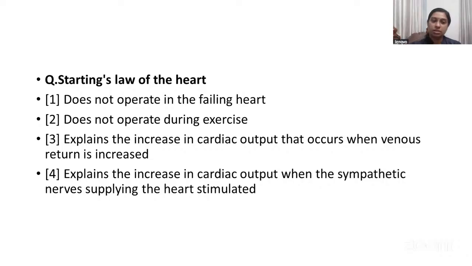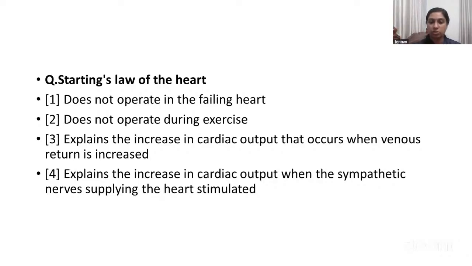The options are: does not operate in a failing heart; does not operate during exercise; explains the increase in cardiac output that occurs when the venous return is increased; and the fourth option is explains the increase in cardiac output when the sympathetic nerve supplying the heart is stimulated. Here, nothing to do with the sympathetic and parasympathetic, because the coronary circulation is not dependent on any of these. This is very important: not the coronary as well as the brain circulation.